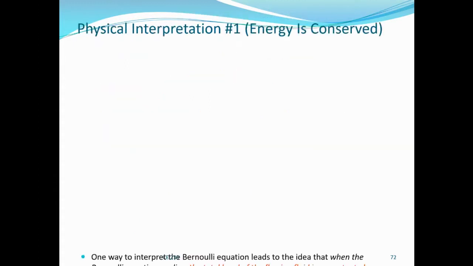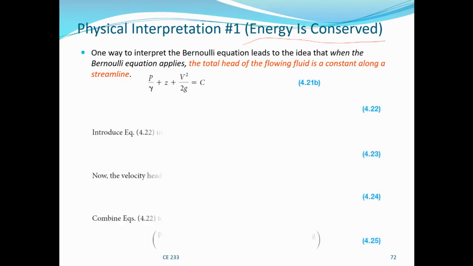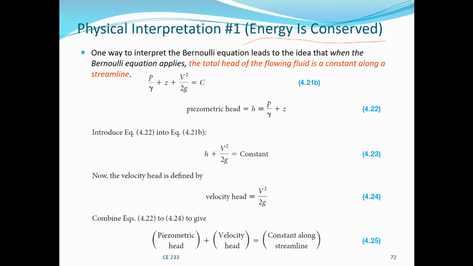For the physical interpretation of the Bernoulli equation, we explain that energy is conserved. One way to interpret it is that when the Bernoulli equation applies, the total head of the flowing fluid is constant along a streamline. Here we are using the head form of the Bernoulli equation: the pressure head, elevation head, and velocity head. The total head remains constant.